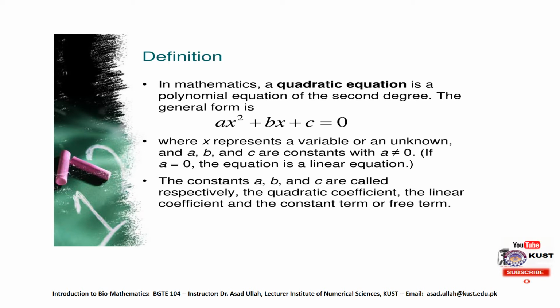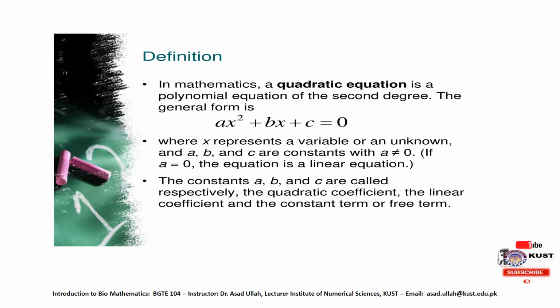What is a quadratic equation? A quadratic equation is a polynomial of second degree. For example, the mathematical form ax square plus bx plus c is equal to 0 is the general form of the quadratic equation.